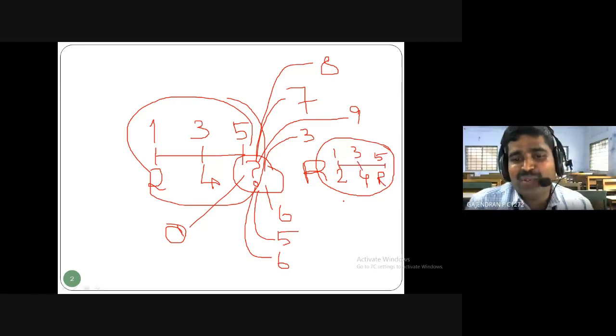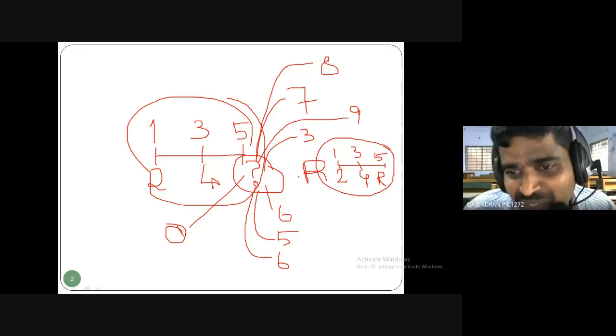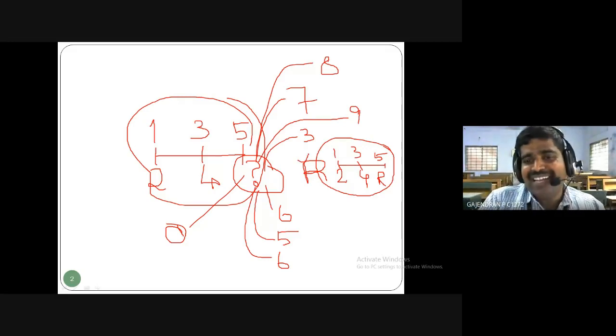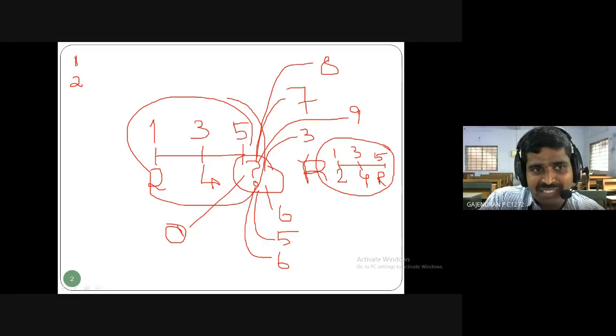So whoever told R in the first attempts, very good. I only gave the clue. I wrote the numbers in the sequence like this: first gear, second gear, third gear, fourth gear, fifth gear. Then I marked a question mark.